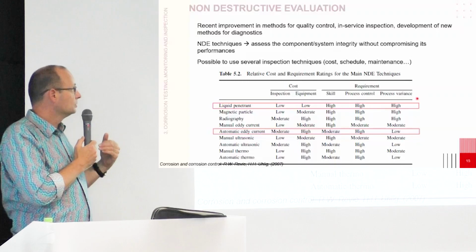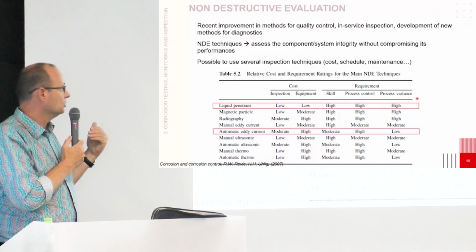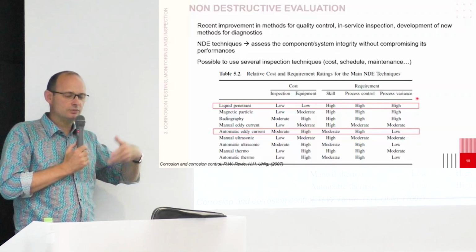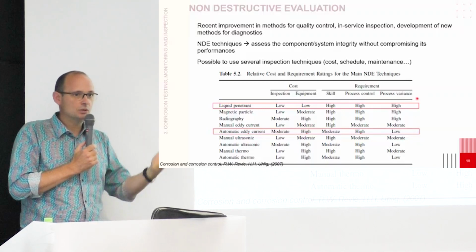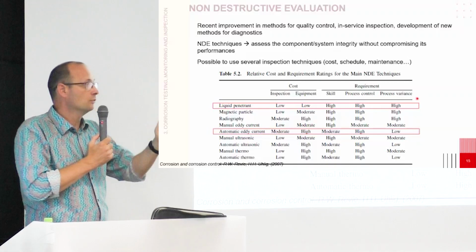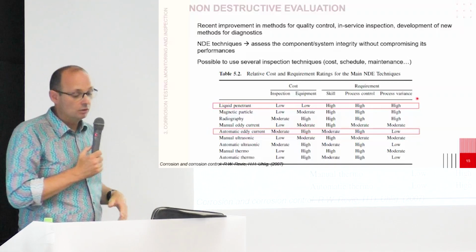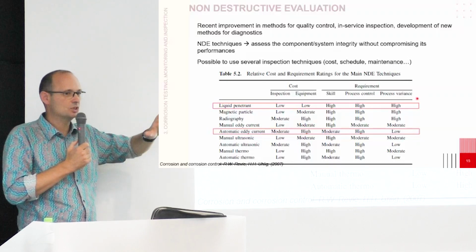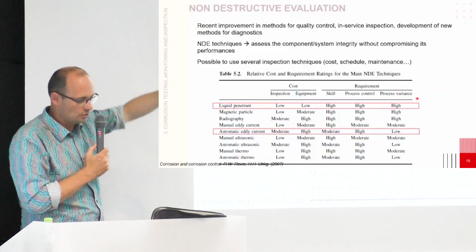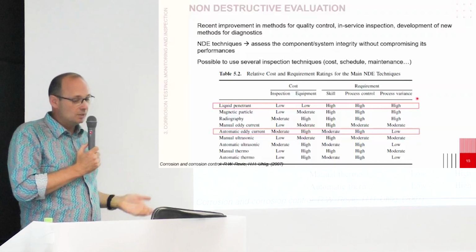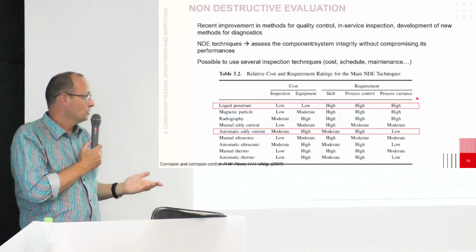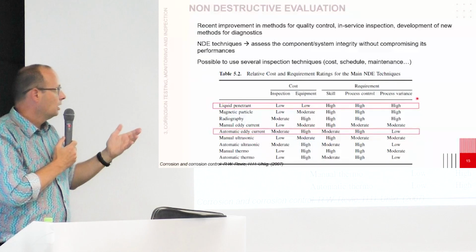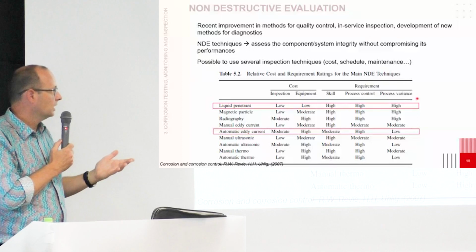Now, if you look at the side of the engineer, you will see that it is possible to use a lot of techniques to have an idea of the corrosion rate, or if corrosion happens on your material. So in this case, you have to think about one of the first graphs that I've shown between the performance and cost. And here you will have to look at what is the cost of the technique that I will implement, and what is the information that I can get.